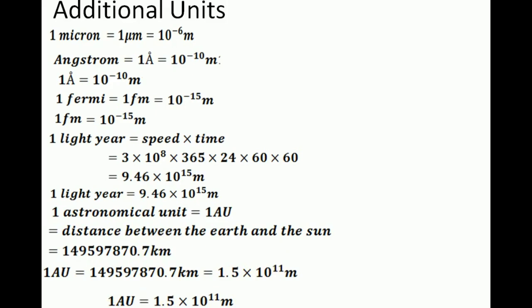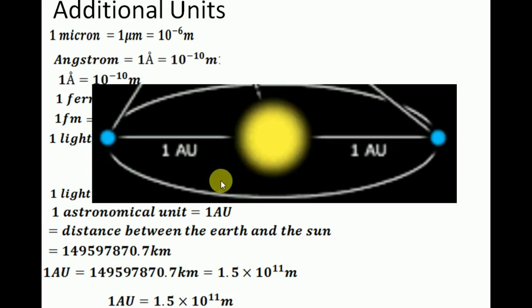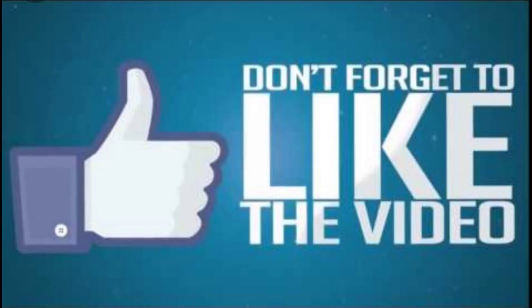So 1 AU is 1.5 into 10 to the power 11 meter. You need to memorize these units, and this is 1 AU, distance between sun and the earth. The diameter of the orbit of the earth is 2 astronomical units. From here to here is 1 astronomical unit, and from here to here is another astronomical unit, 2 astronomical units.